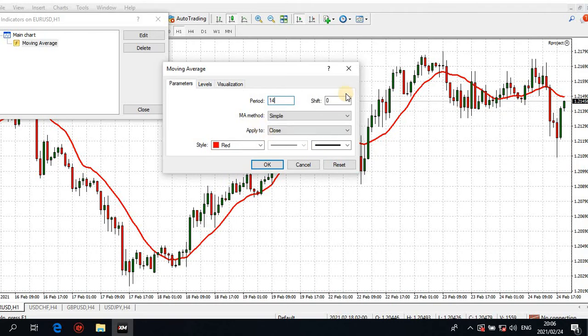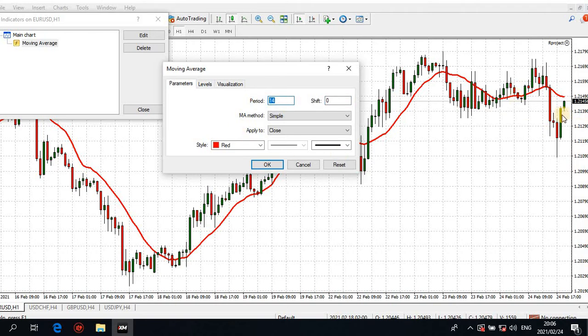meaning that after the candlestick closes, the result will come out. The shift, those who are programmers will know this thing. The shift is the number of candlesticks that your moving average will conclude the decisions from.